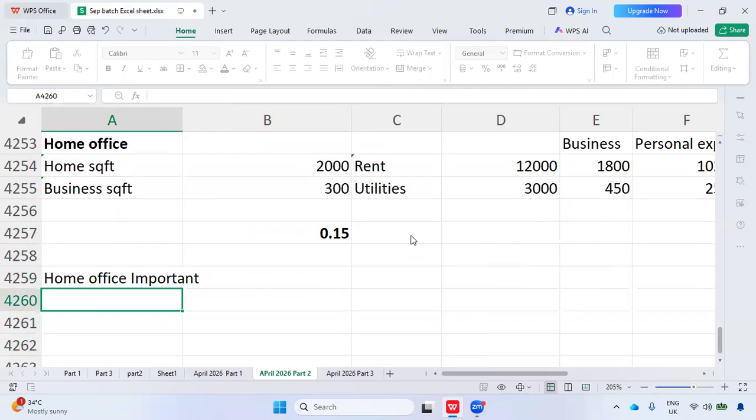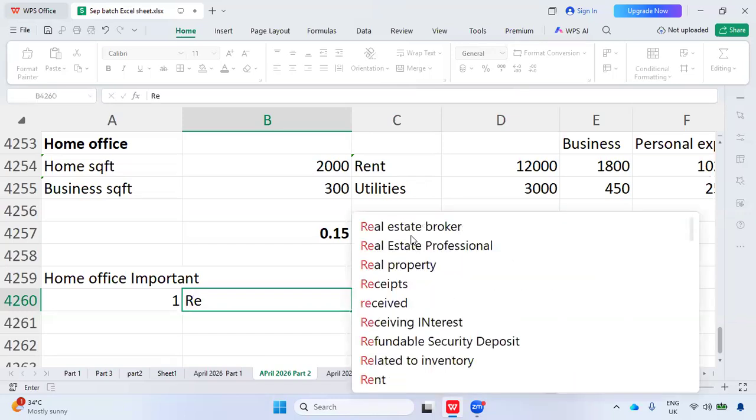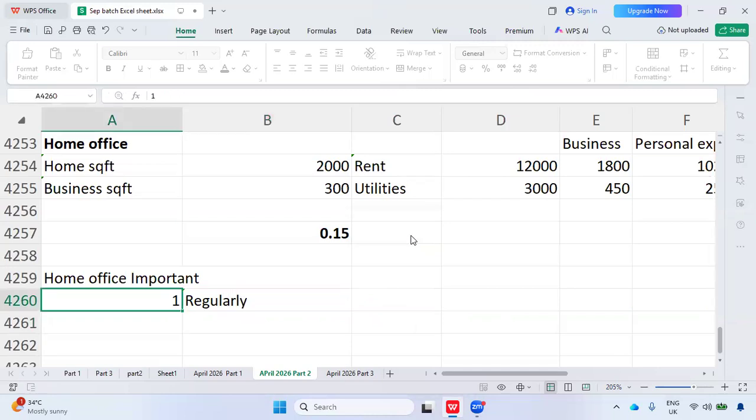The first important rule: if the taxpayer is using part of his home for a business purpose only occasionally, then it is non-rental. The taxpayer should use this business square foot regularly. If yes, then we can claim. If it is occasionally, then it is not allowed.